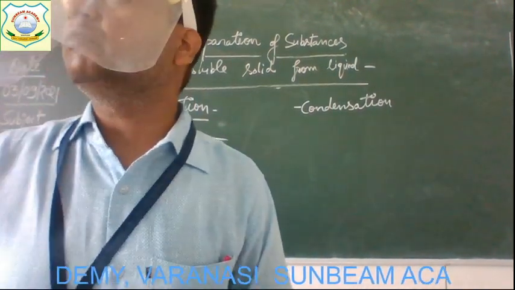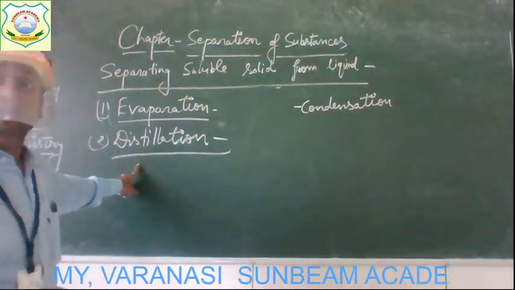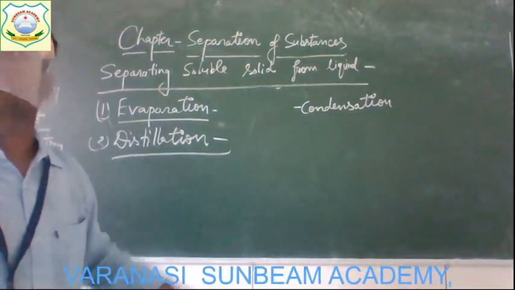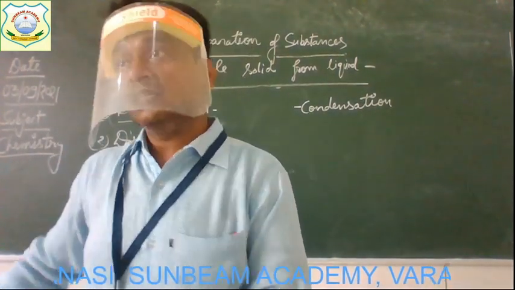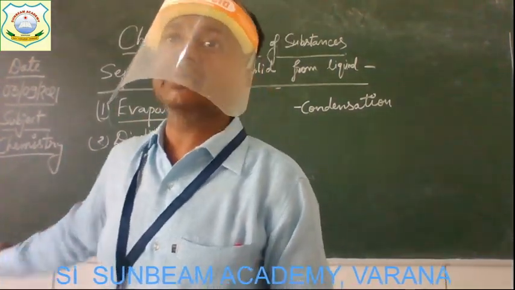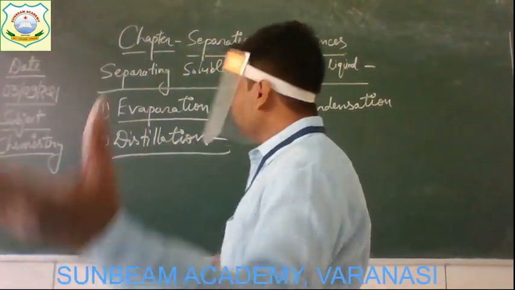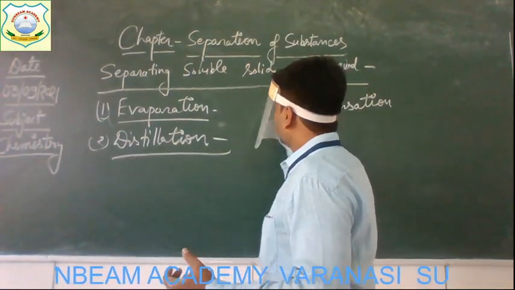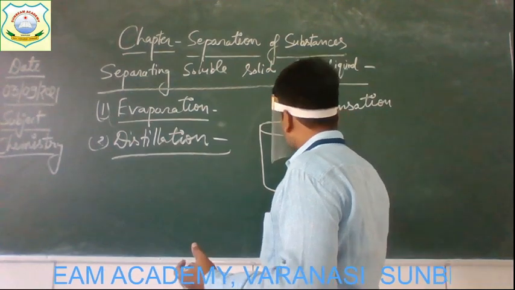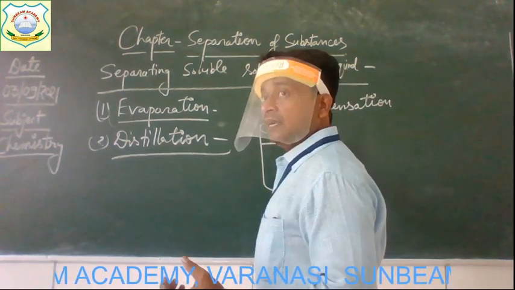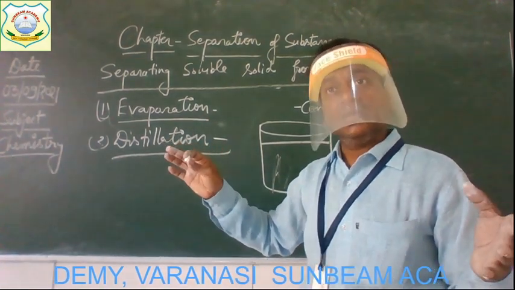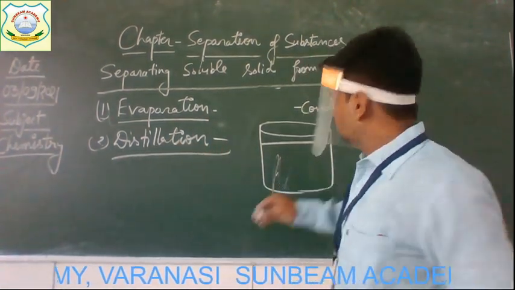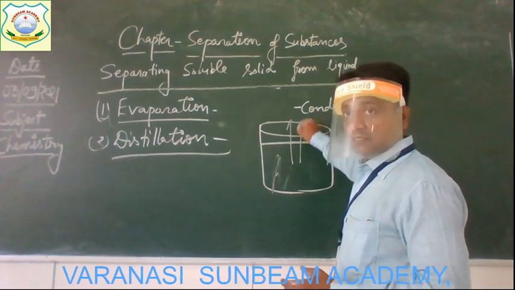So which method will we use? We will use the distillation method. And in the distillation method, what simply occurs? The same process of evaporation and condensation. That impure water or impure liquid collected in the container is heated, okay, and after heating the water gets vaporized.